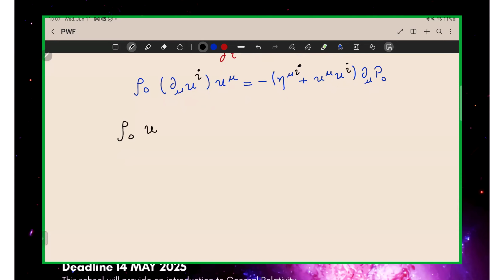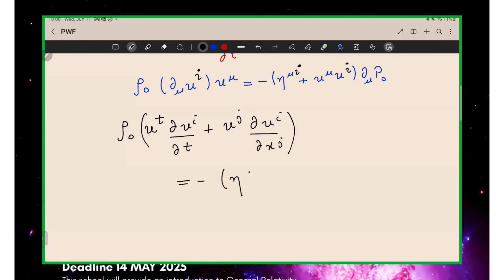If you sum over the mu index, that gives you t plus j. This is a flat metric, so it means that mu also has to be i as well. And I'm bringing this inside to multiply with both terms.